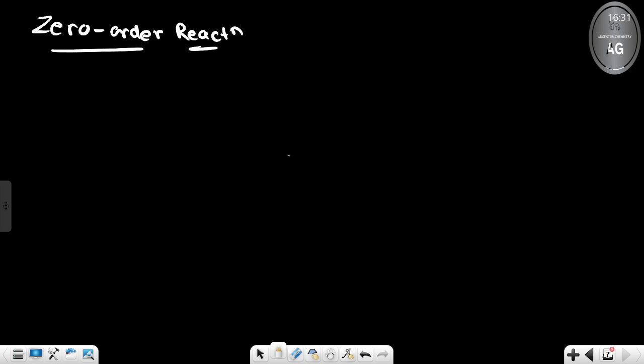Okay. Zero order reaction means the order of the reaction will be equal to 0. Order of the reaction means the summation of alpha plus beta. So if it is a zero order, then alpha plus beta must be equal to 0. That means if I write the rate law, then what will be my rate law?